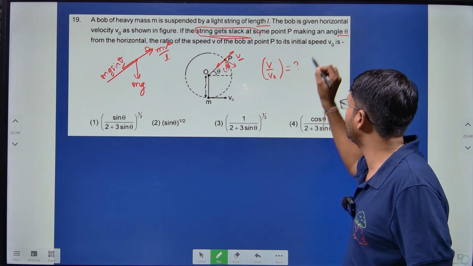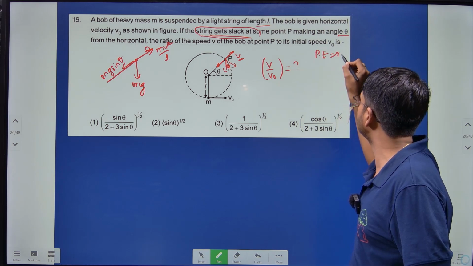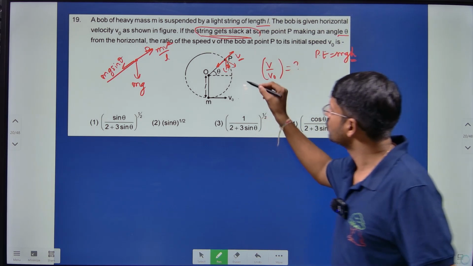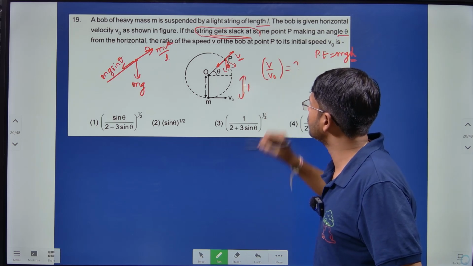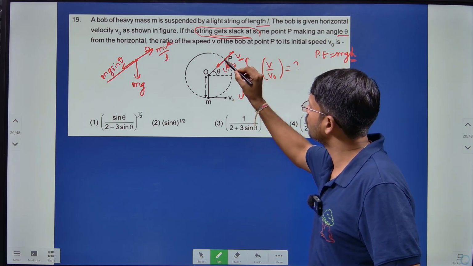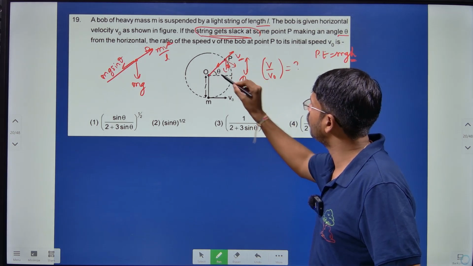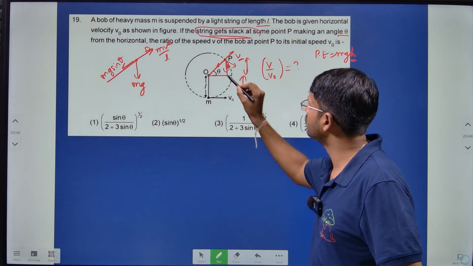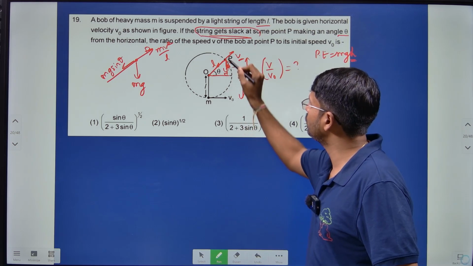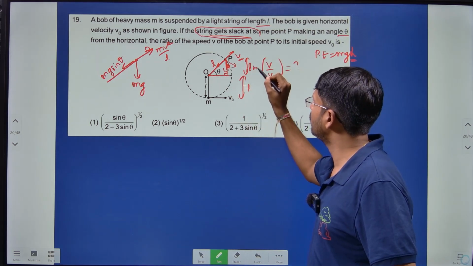We can generally write the potential energy as mgh, right? So we have to find out what is the h here. This distance we know is L, and this distance we have to find out. This is the hypotenuse, you can draw this as a right angle triangle here. The hypotenuse is L, this is theta, and what will be this length then? This will be L sine theta.